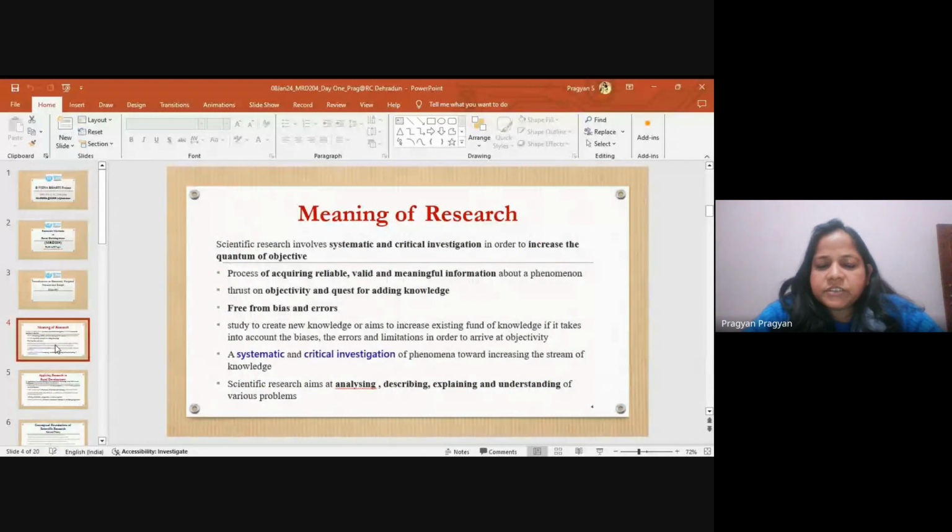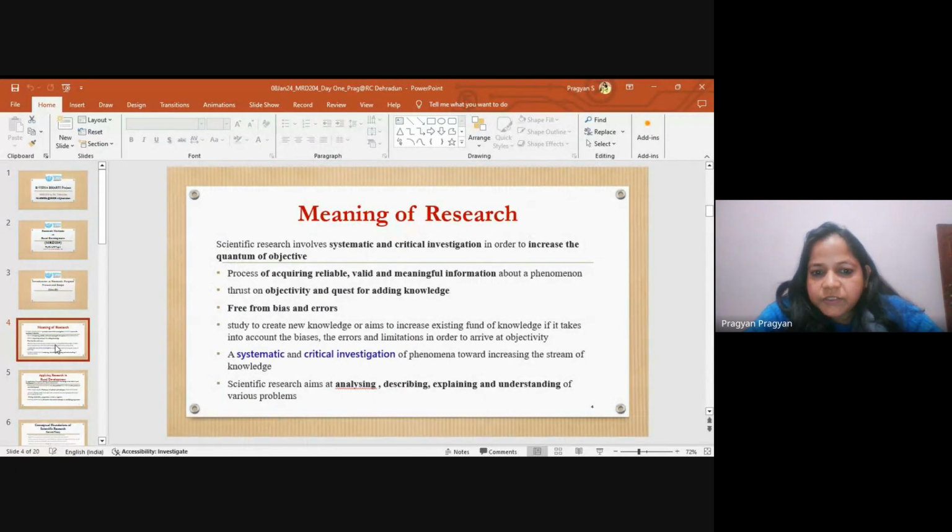Let's try to understand what we mean by research. Actually, research has two most important basic features: number one, systematic investigation, and the second is critical investigation.